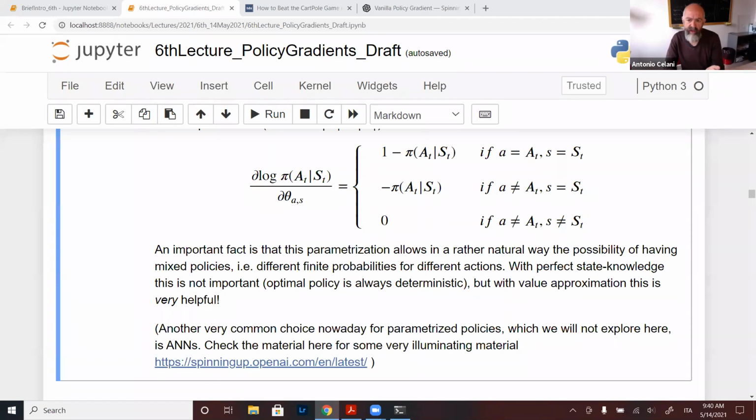But this means that if you pick an action, the action I pick will be credited proportionally to what I get, and the other actions will be the opposite. So what I didn't take gets the blame for not having been taken, and vice versa. This is another way of interpreting these terms here.